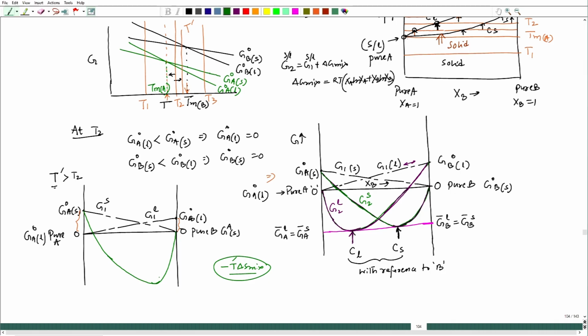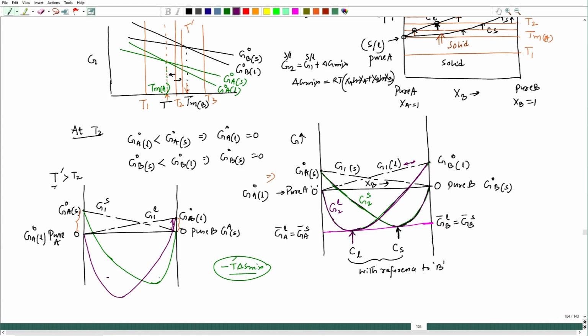Okay. Now, similarly on the other side, if I look at G1 liquid, you see here the gap is decreasing, so that means it will go further down. Okay.